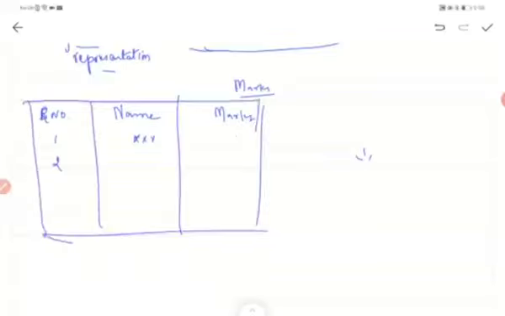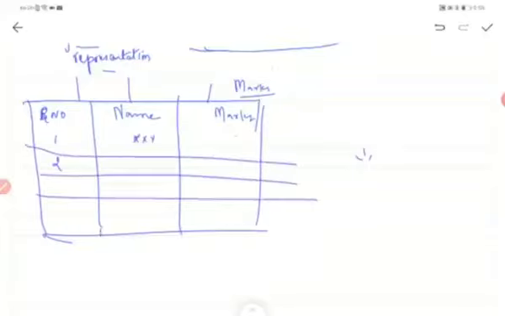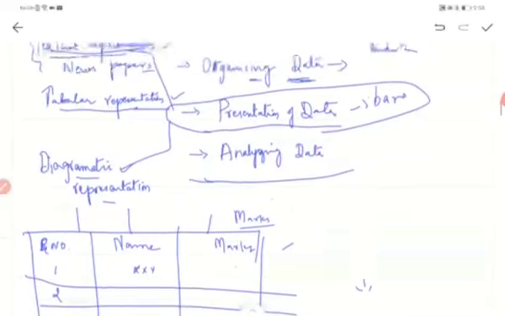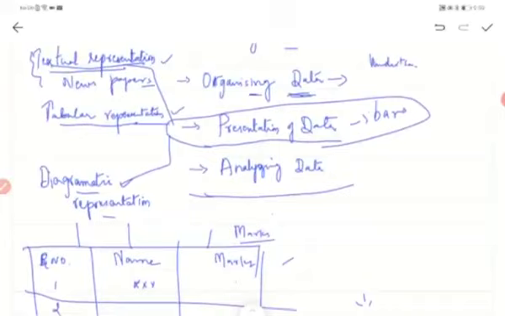In this table I have 3 columns and I don't know how many rows, it depends on how many students there are. So we will have many rows in a table. Tabular representation is this, which will have rows and columns.